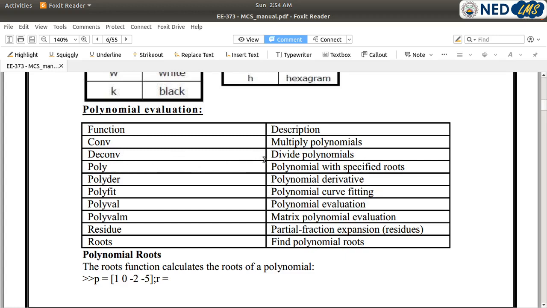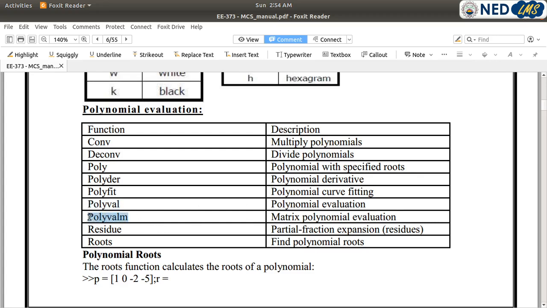This function poly can be used to write a polynomial by specifying the roots. Polyder is used to differentiate the polynomial. This function polyfit is used to fit a polynomial to a set of data. This function polyval is used to evaluate the polynomial at a given value.